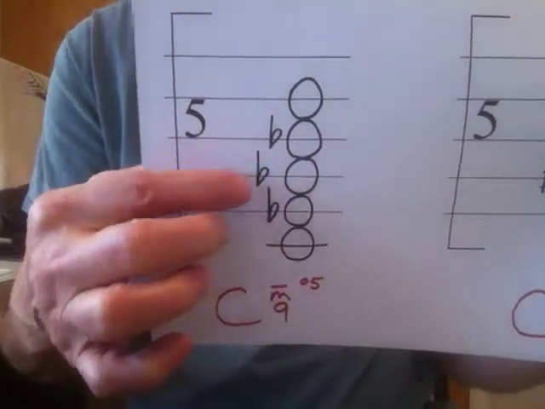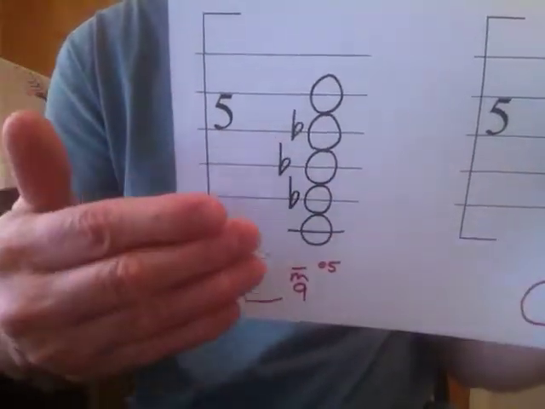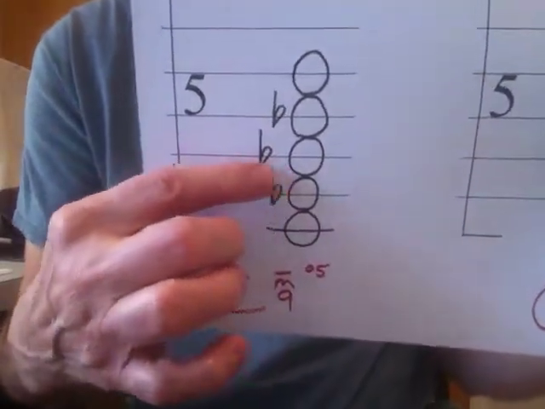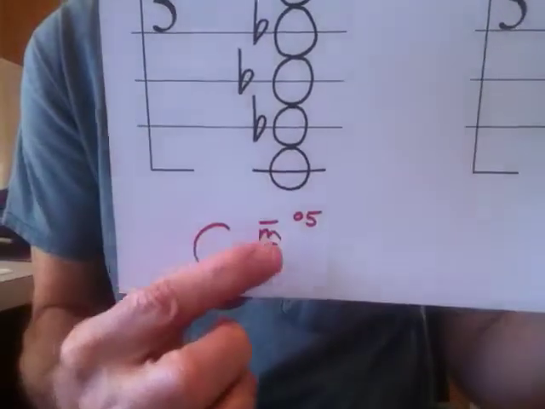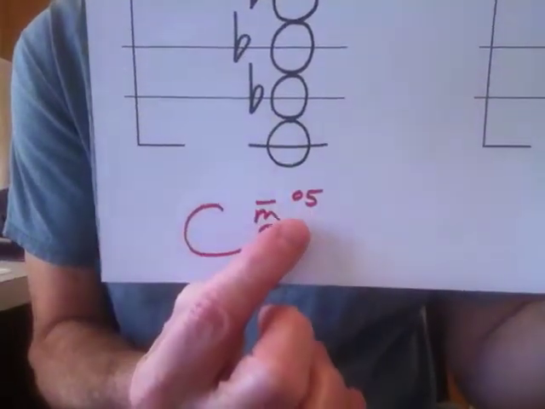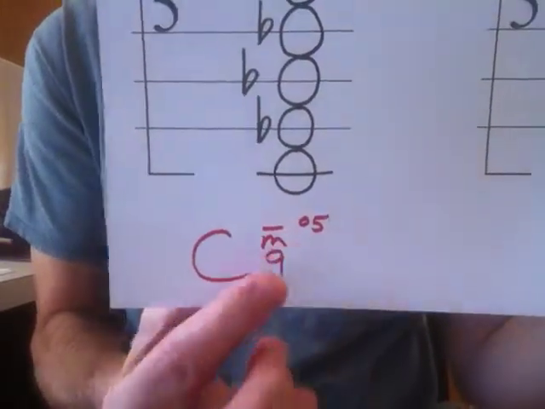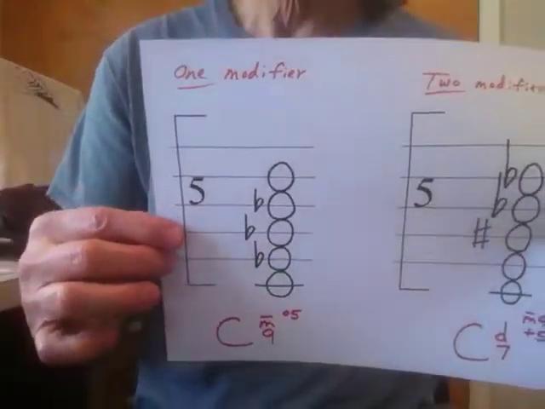Mentally, technically, you took out the perfect fifth and put in the diminished fifth. You notated that diminished fifth down here in your modifier space, correct? We talked about that.